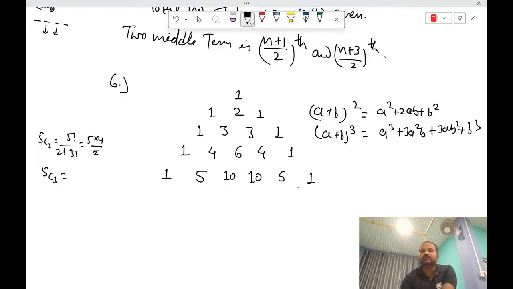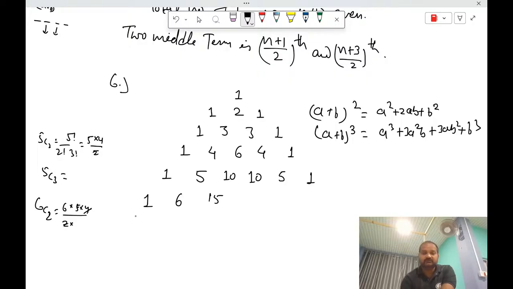This is a plus b whole to the power 5. In the sixth term, it will be 1, then 6, after that 6c2. 6c2 will become 6 factorial by 2 into 6 minus 4, 4 factorial, that is 6 into 5 into 4 factorial. So 4 factorial will get cancelled and it will make 15.